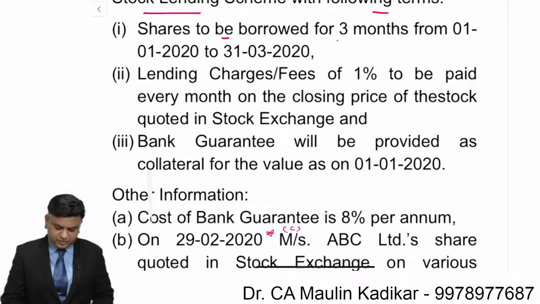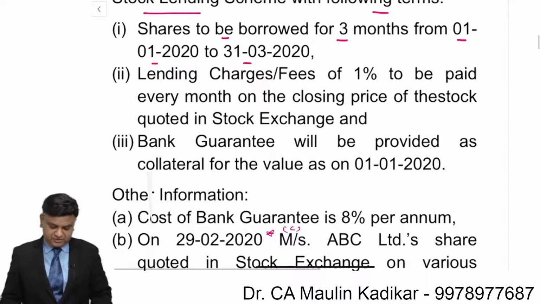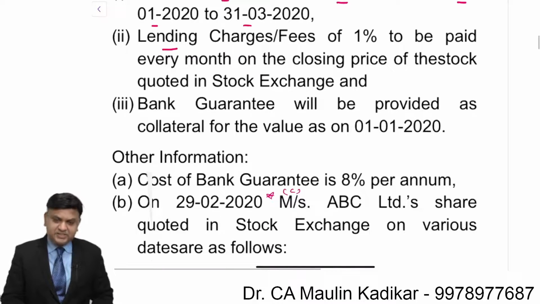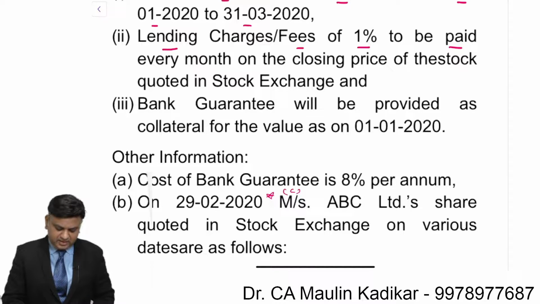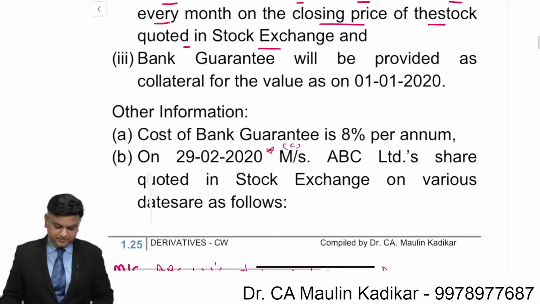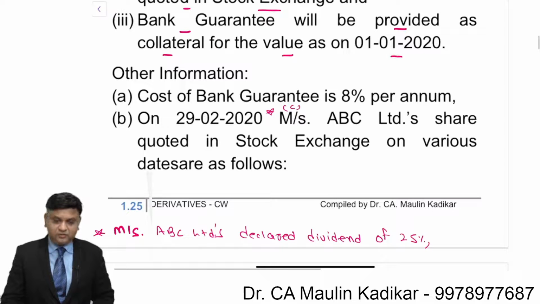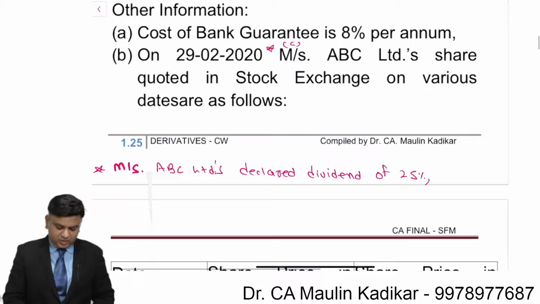Shares to be borrowed for 3 months from January 1st to 31st of March. Lending fees will be 1% to be paid every month on the closing price of the stock quoted in the stock exchange. Bank guarantee will be provided as a collateral for the value as on 1st of March 2020. Cost of bank guarantee is 8% per annum.